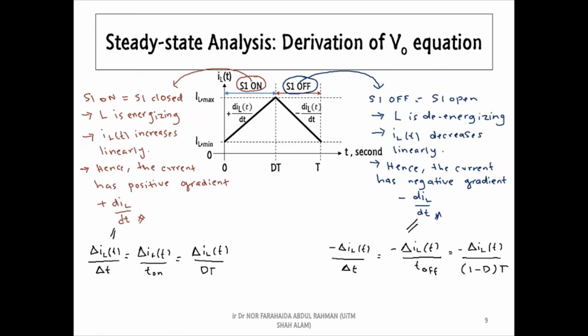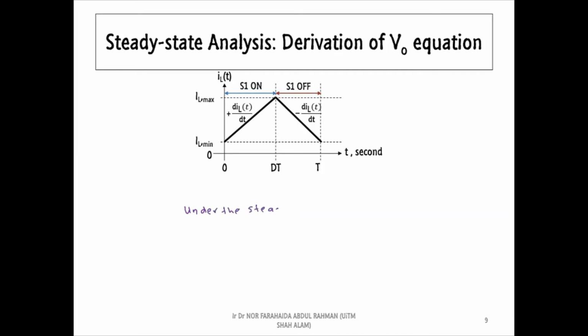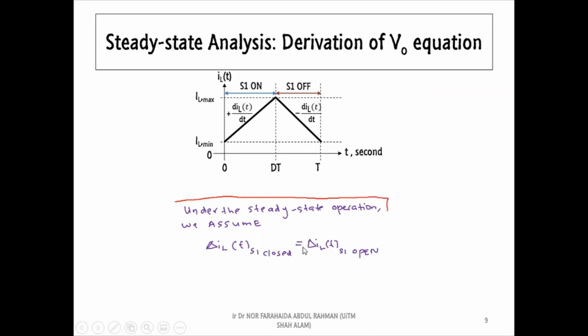Eventually, we will complete the analysis by considering another assumption. Under the steady-state operation, we assume the change of inductor current during S1 closed is equal to the change of inductor current when S1 open.